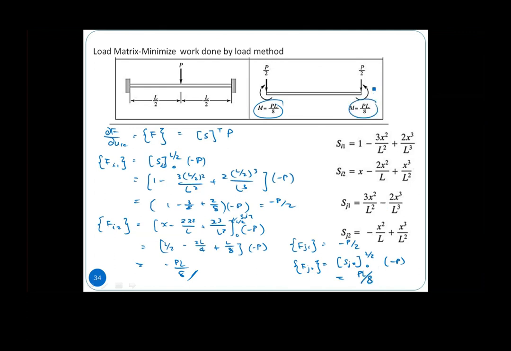Okay, it's positive, like what we have built. So in the end you will have what we have here: f equals negative p/2, negative PL/8, negative p/2, then positive PL/8. Okay, so you'll get this.